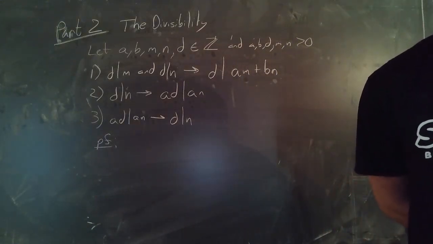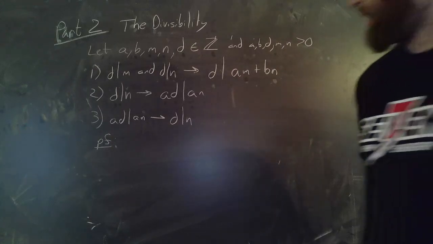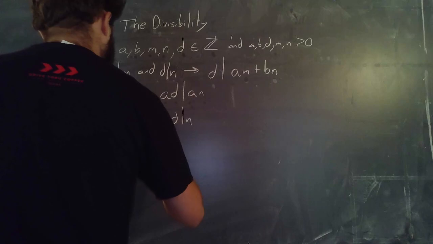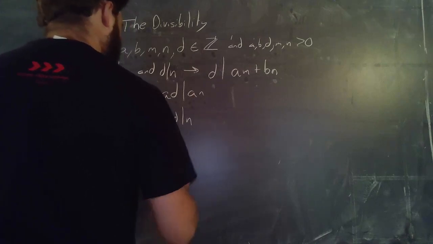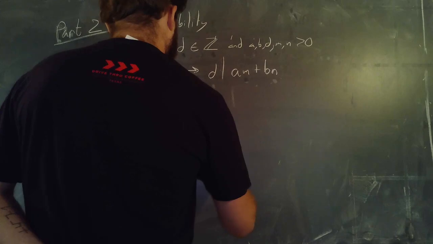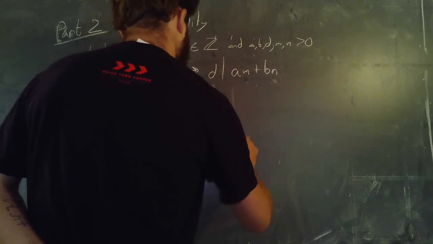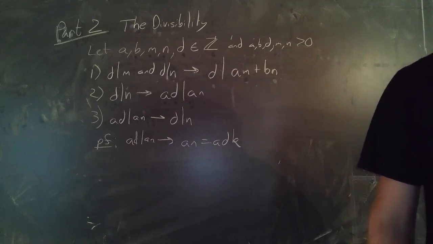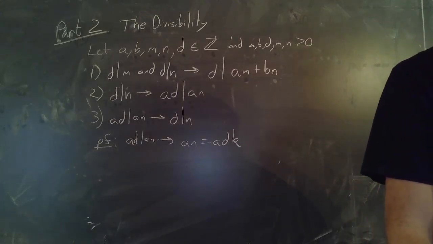Notice that ad divides an means that we can find some way to make an by multiplying ad by some constant that we will call k. And recall here that k is some type of integer.